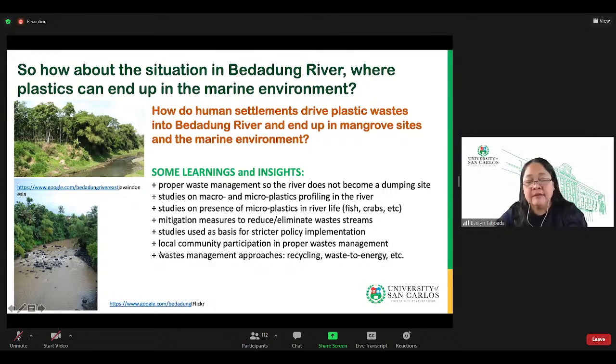And then very important that we have also realized in our study is that local community participation is very significant in proper waste management. And then waste management approaches can be implemented or organized in the local communities along Vidadado River, for example, like recycling.